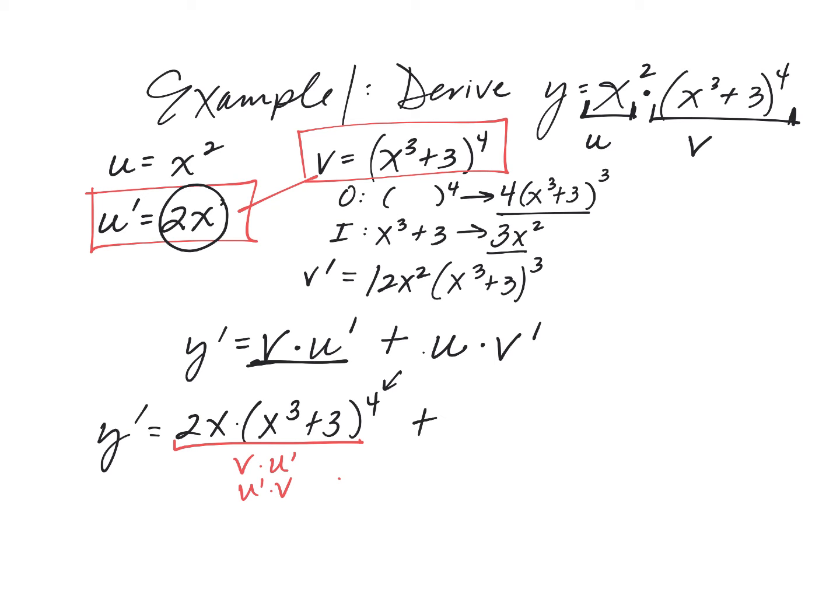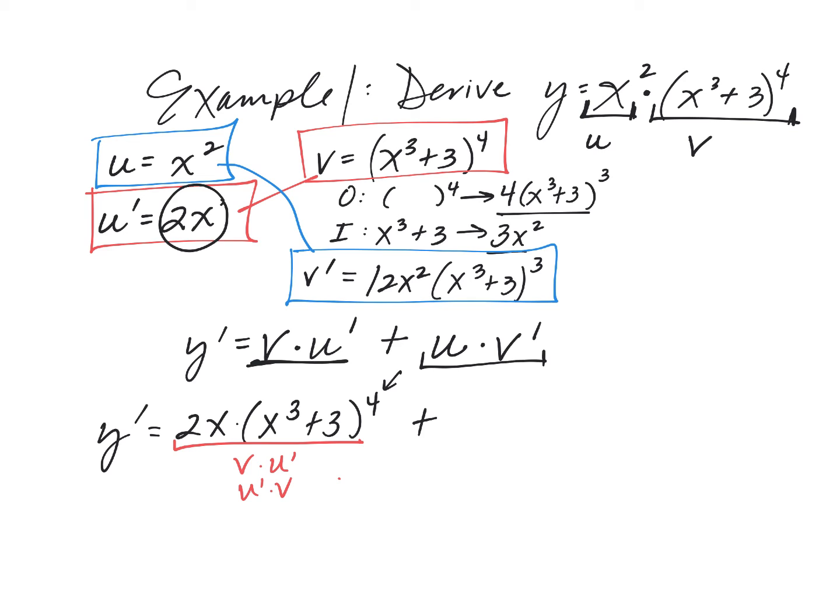Now I add my second product, so u times v prime. All right, so here's my u, here's my v prime. I'm going to multiply those together. And again, I'm just going to be smart about it, combining things where I can. So when I have 12x squared and another x squared, those are both coefficients.